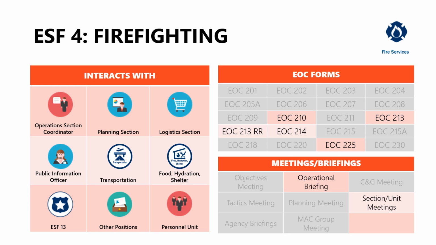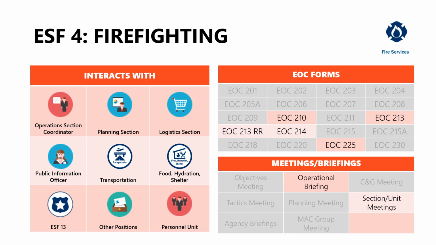ensuring that all ESF 4 resources are tracked and accounted for, in cooperation with the planning section, as well as resources ordered through mutual aid. This person is going to coordinate with outside agencies and companies that are providing additional resources. They're going to coordinate with the logistics section to provide vehicles, shelter, food, water, sanitation, and other supplies to the fire department personnel.